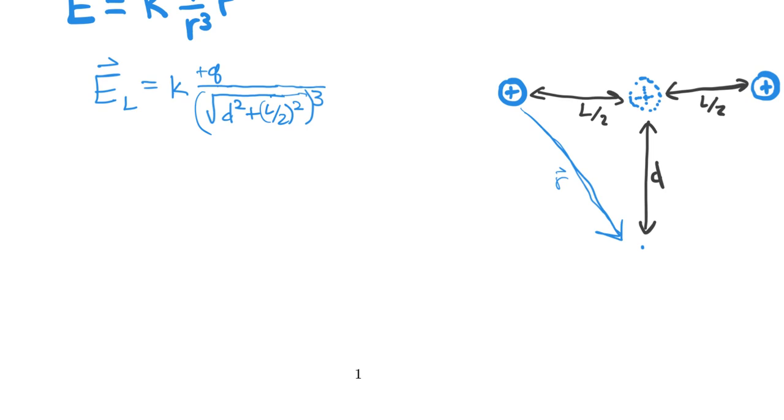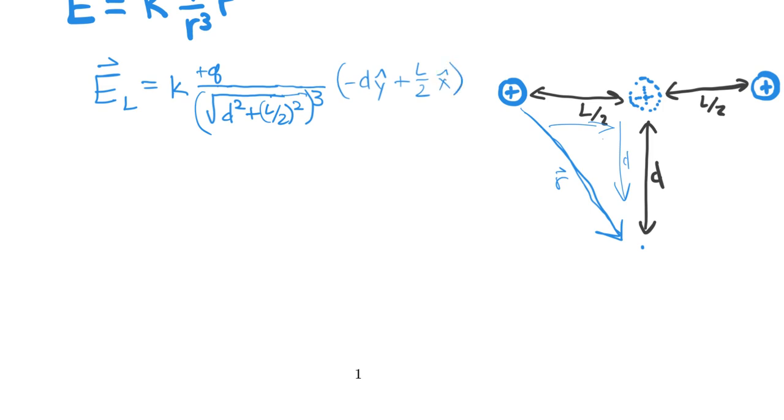So I'll write our vector again in unit vector form. We'll have a minus d y hat, because the y component of that vector is minus d, and the vector goes to the right, L over 2, so this is going to be plus L over 2 x hat, because to the right is positive x.